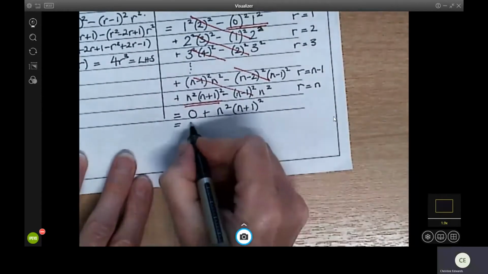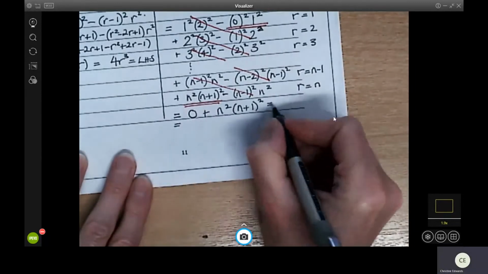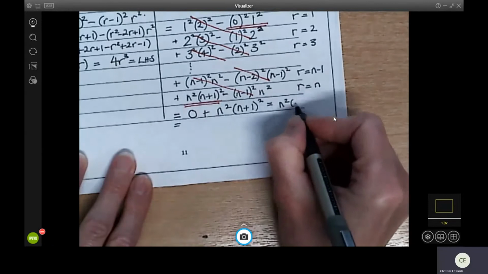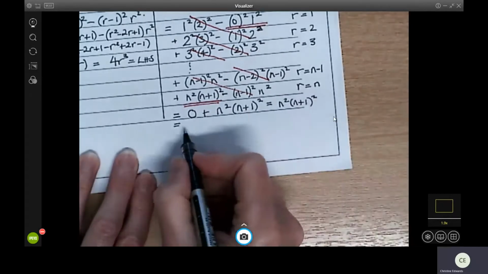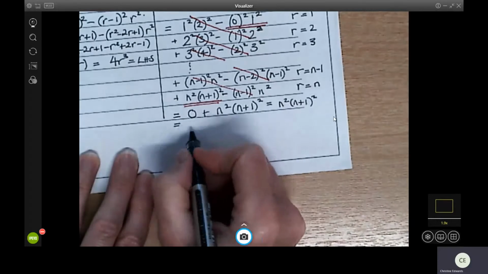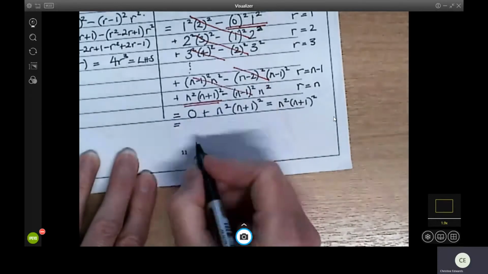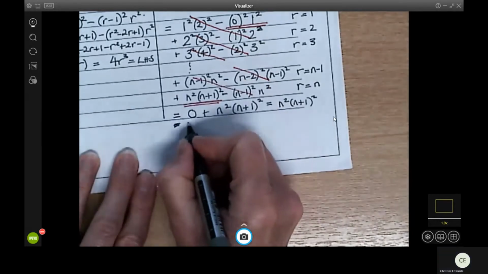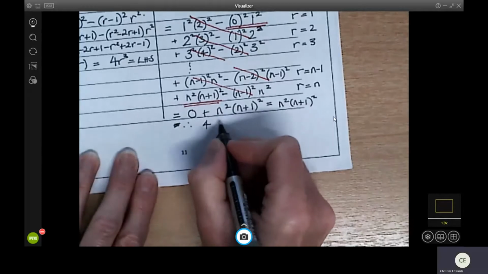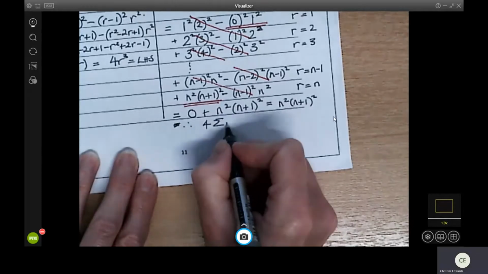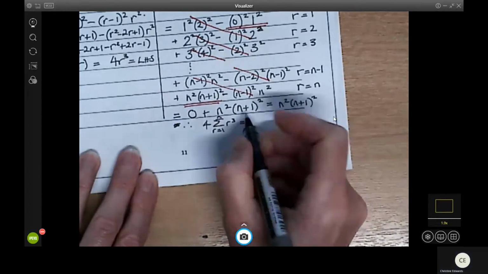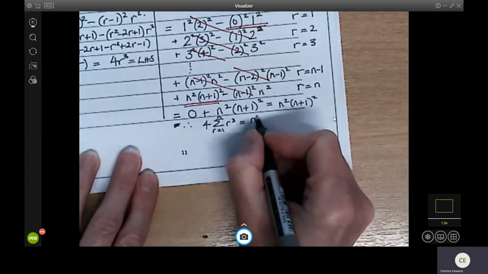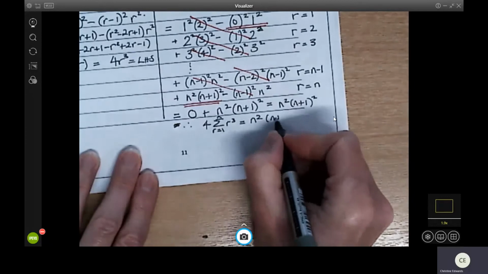Hence, we have, let's just simplify that to n squared (n plus 1) all squared. So that means that for 4r cubed from r equals 1 to n, I have an answer of n squared (n plus 1) all squared.